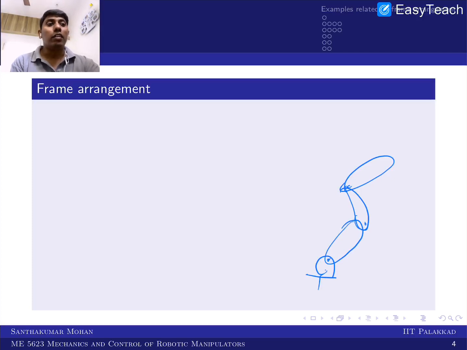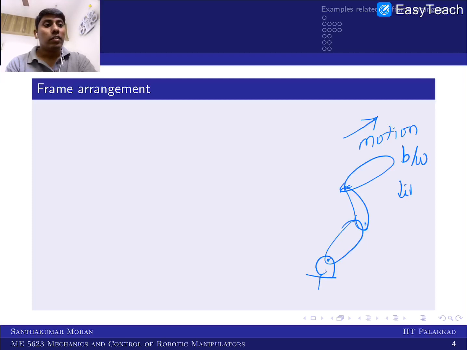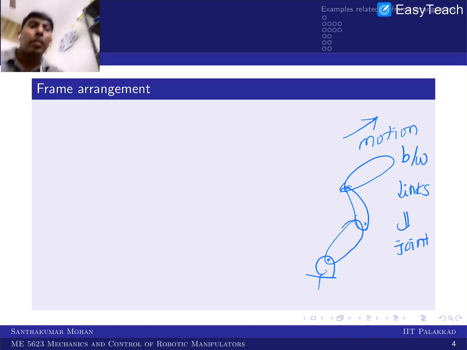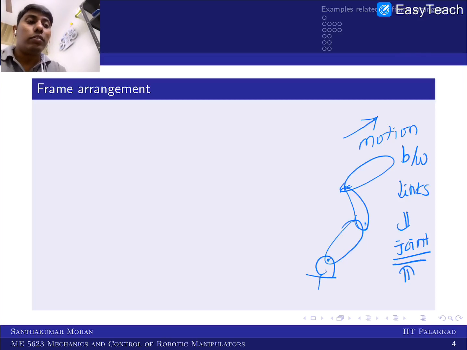The first thing we have to be very clear about is the joint axis, whatever you call the motion between two links. It all happens on the joint, in the sense that it is a constraint. The joint is related to a z axis.